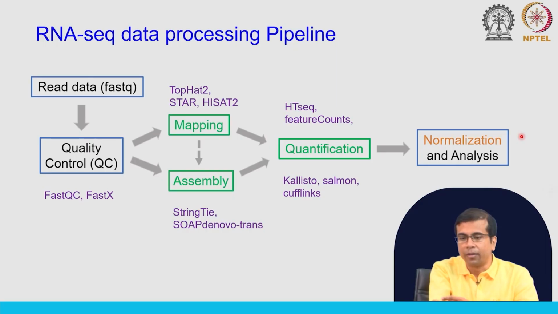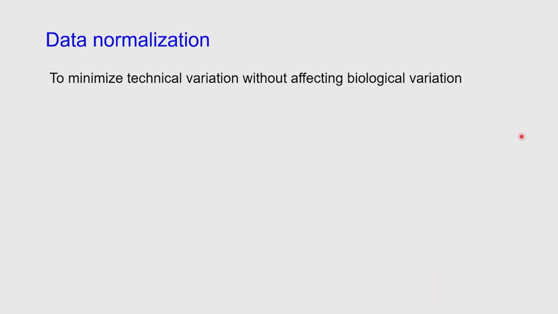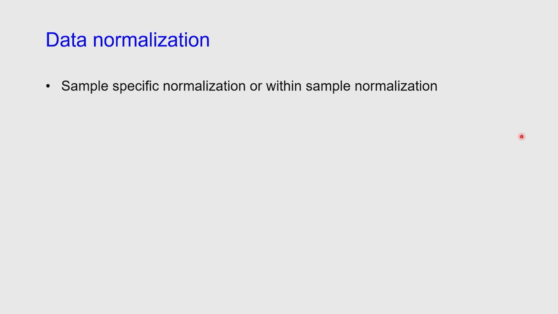So, for data normalization, the goal is to minimize technical variation without affecting biological variation. We have to do something called sample specific normalization, or within sample normalization. We have talked about some of these bias correction methods. These are within sample normalization, and then you also have between sample normalization within a data set.